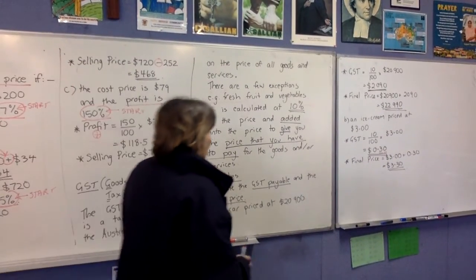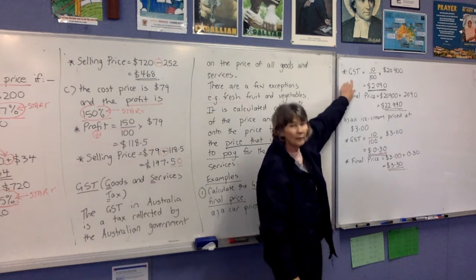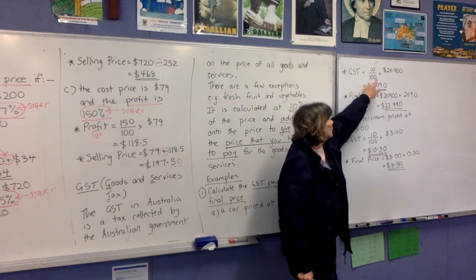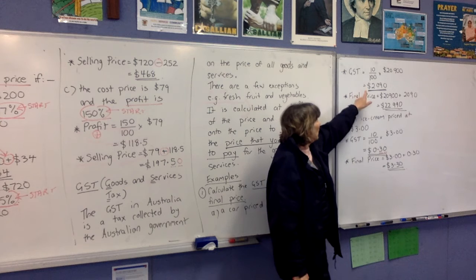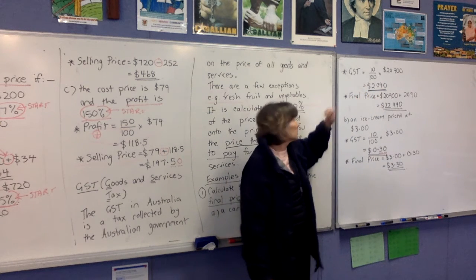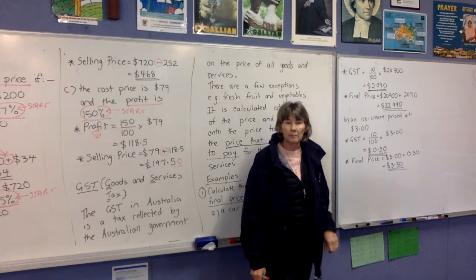Okay, so for a $20,900 car, we are finding 10%, 10 over 100 of that $20,900. Work it out on your calculator and you will get $2,090. That is the GST. That money goes straight to the Australian government.